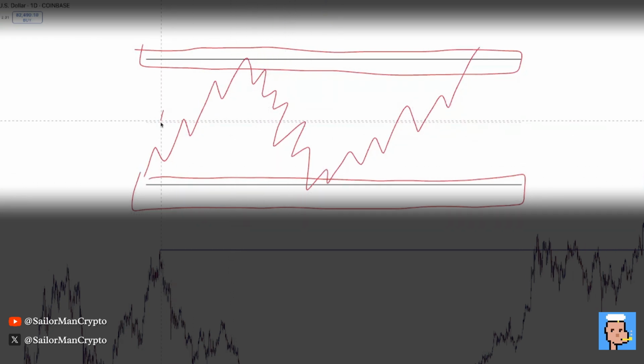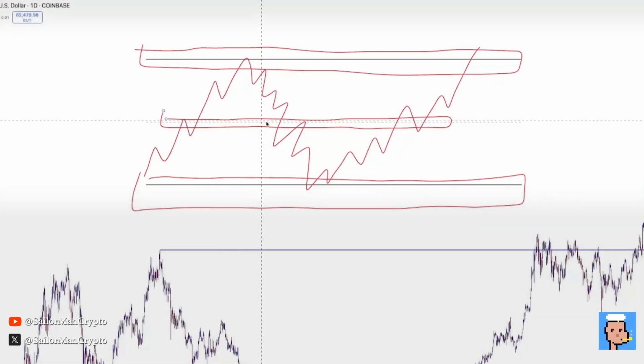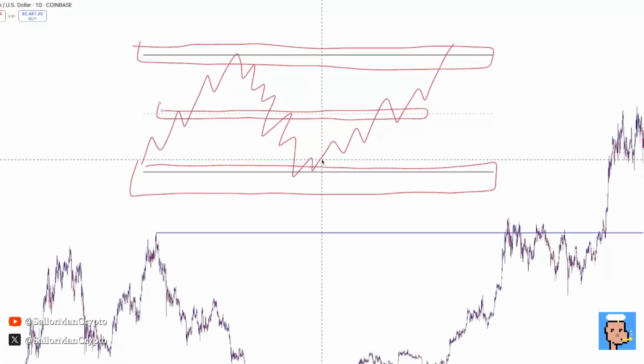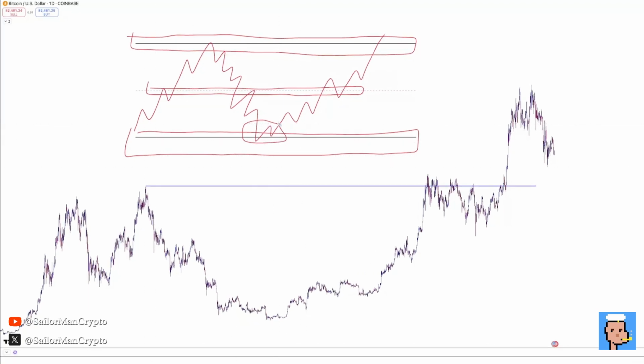If you try, for example, in a range or in a consolidation to look for a reversal at mid-range, you are drastically decreasing your chance of success and also your risk-reward. Because if you look for a long down here, your risk-reward will be very well defined and in favor in case you catch the nice spot reversal like this.